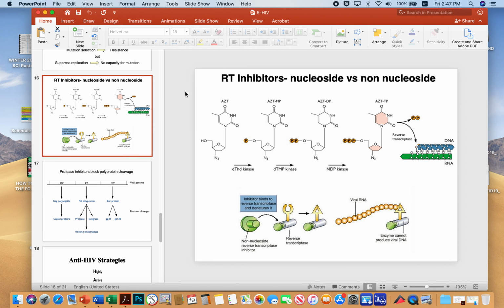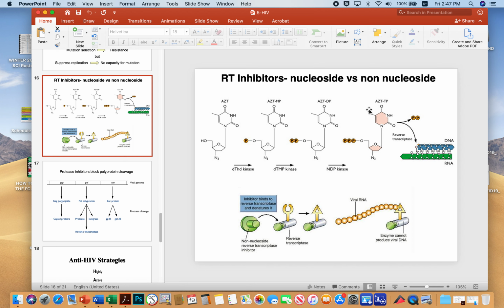So one class of drugs that we use for HIV are the RT, or reverse transcriptase inhibitors, and they can be non-nucleoside or nucleoside. So nucleosides are drugs that look like DNA bases, and AZT actually looks like the actual nucleotide thymidine.